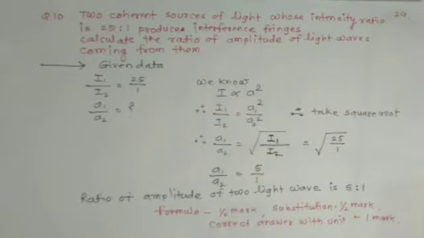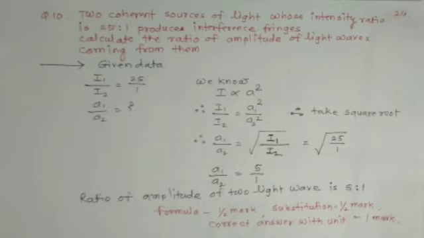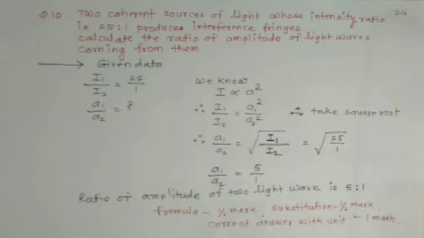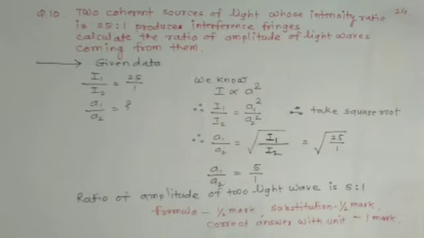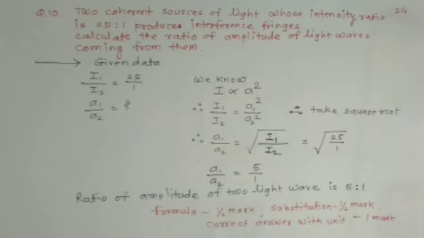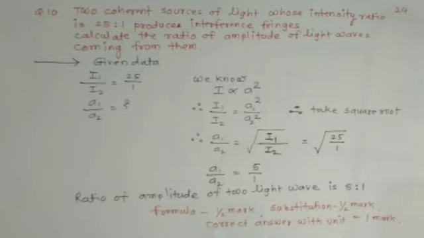A numerical based question, number 10: two coherent sources of light whose intensity ratio is 25:1 produce interference fringes. Calculate the ratio of amplitude of light waves coming from them.